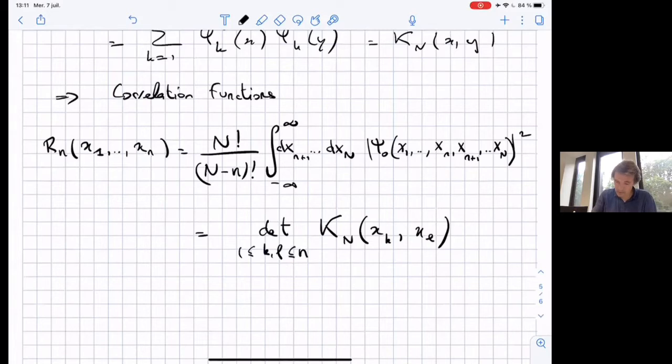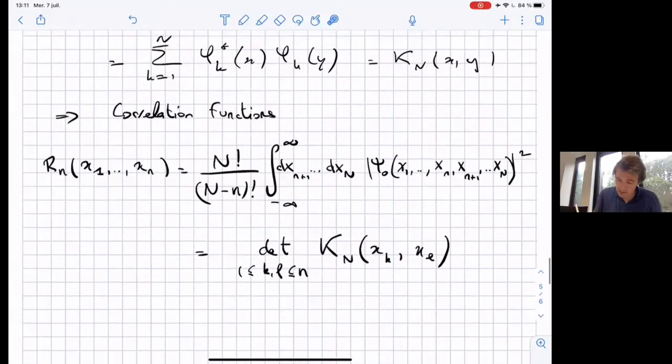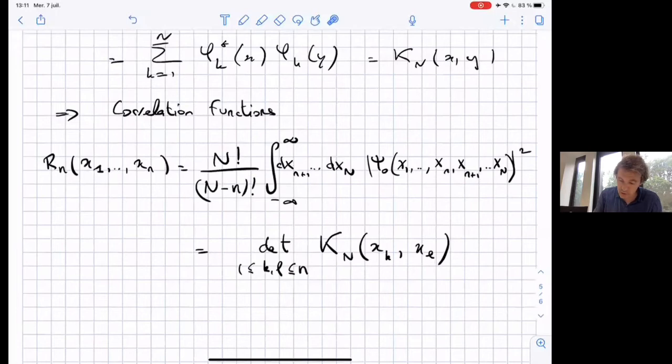Okay, the same as here. So that's quite a remarkable property. So that means that the correlation functions are determinantal, right? So that's the point. And that's what we call this process a determinantal point process.